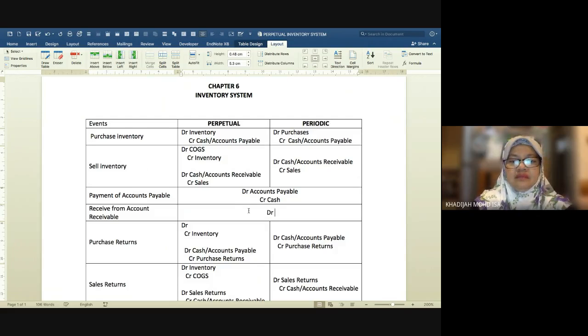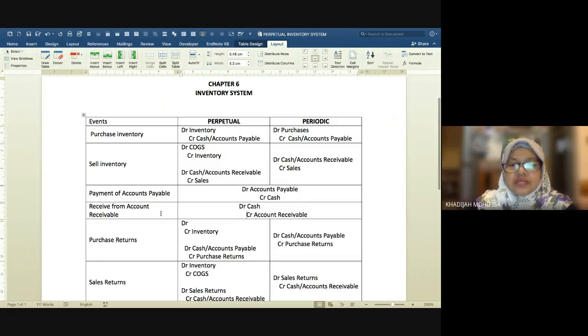Debit cash and credit your accounts receivable. Right? So that is the journal entries when you have payment and receipt from your payable and your receivable.